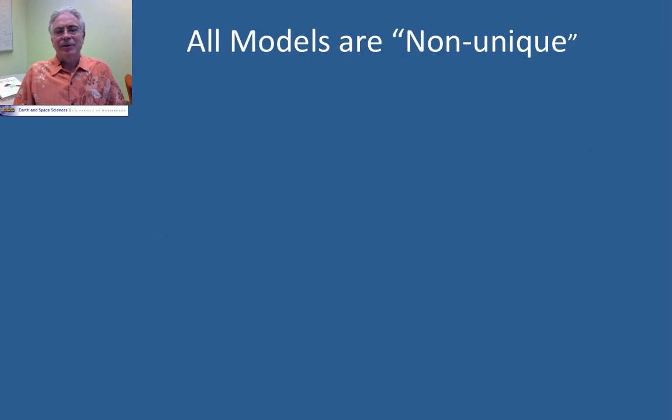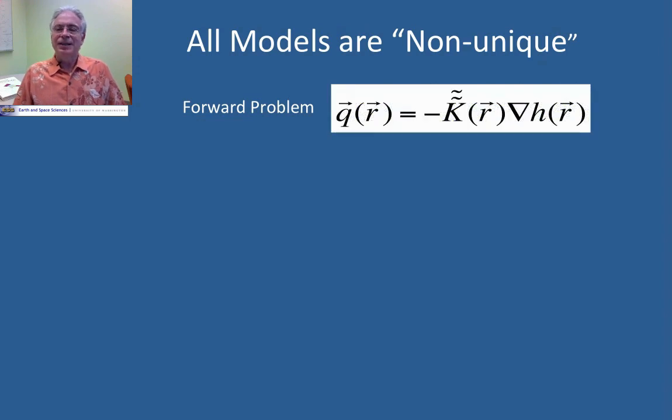Now let's talk about models being non-unique. What does non-unique mean? It means that more than one model can provide exactly the same observations. So let's see why this is the case. First of all, we can define a forward problem in groundwater flow, and the forward problem can be written down as this simple equation, Darcy's law, which says that the flux of groundwater is going to be equal to the product of the conductivity times the gradient in hydraulic head.